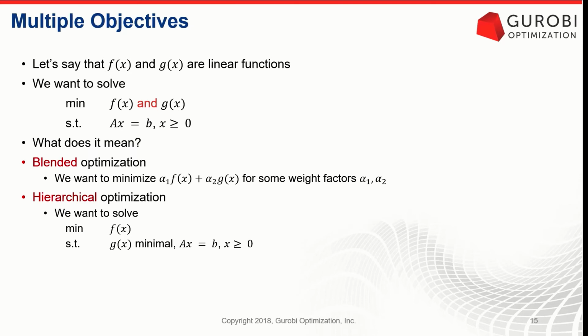Then the problem that you solve with hierarchical optimization is: minimize f of x subject to g of x being minimal and the constraints Ax = b and x non-negative being satisfied.